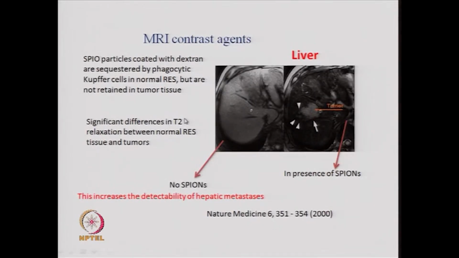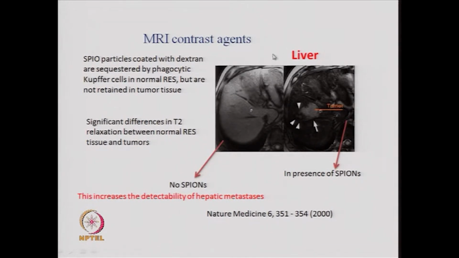This is an example where the superparamagnetic iron oxide particles have been coated with dextran or something similar, because normally the nanoparticles are not given directly inside the body. They are coated with something so that they go only where you want them to go, otherwise they will react at all places before reaching the final destination. So, here it is coated with dextran and sequestered by phagocytic Kupffer cells.